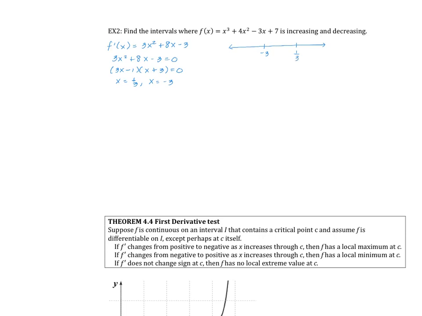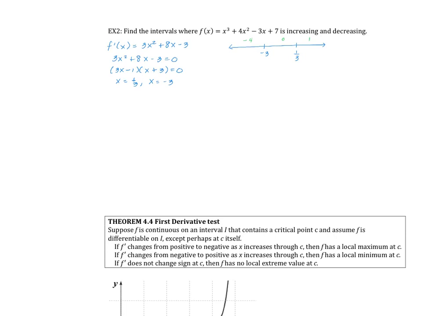So what I'm going to do is I'm going to find test points within these intervals. So from -infinity to -3, maybe I'll put in a -4 as a test point. From -3 to positive 1/3, 0 would be a good test point. And greater than 1/3, 1 would be a good test point.